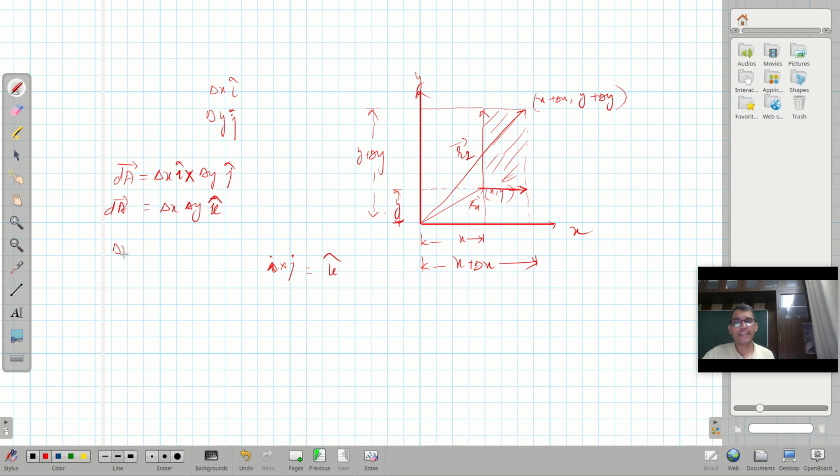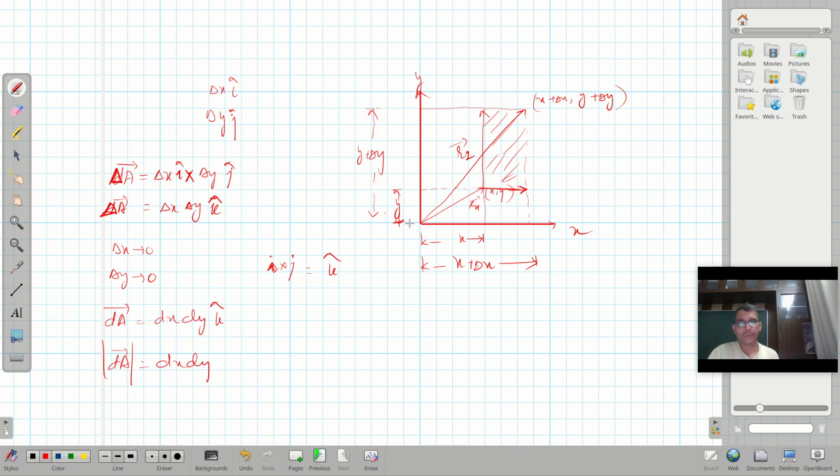And if delta x approaches 0 and delta y approaches 0, in that case this dA vector is represented by dx dy k cap, and the magnitude of this vector is dA. Its magnitude is basically dx dy, and it is pointing along the z-axis.